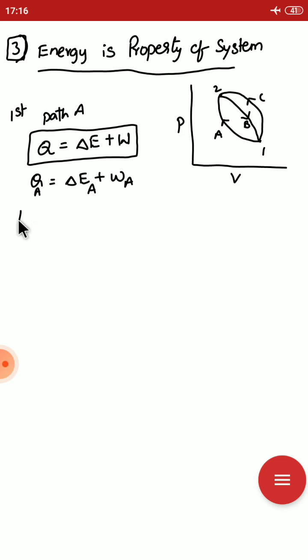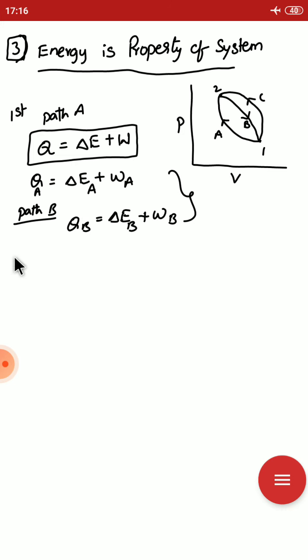Now for path B, same: QB, change of energy in B, and W in B. Now both together constitute a cycle.